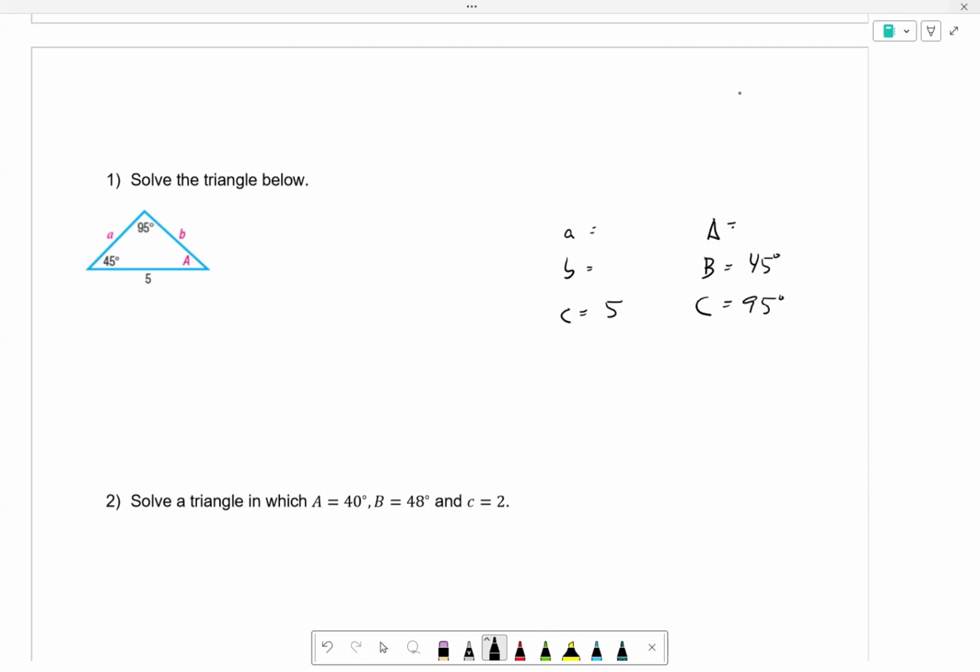Would that be the triangle? Okay, yeah. That's just a mistake. Sine 40.